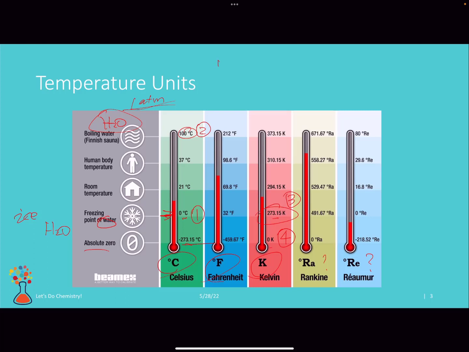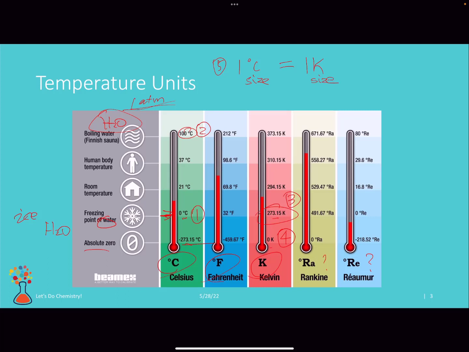With these numbers, you can tell the fifth thing you need to memorize: 1 Celsius degree is 1 Kelvin degree in size. This is only the size.